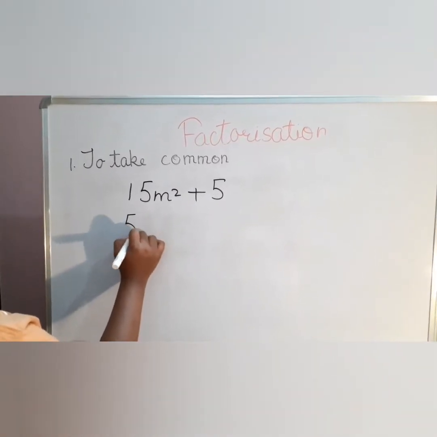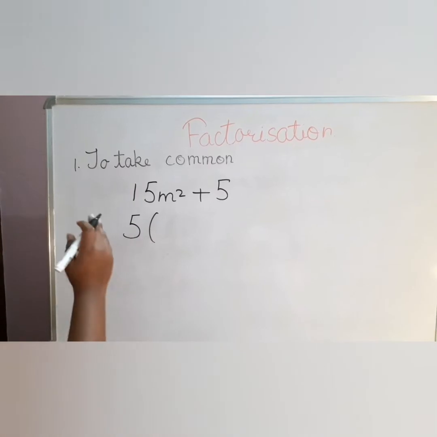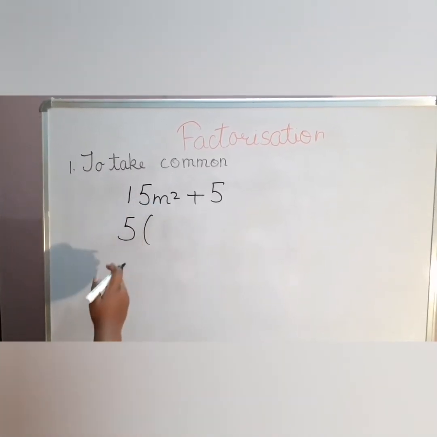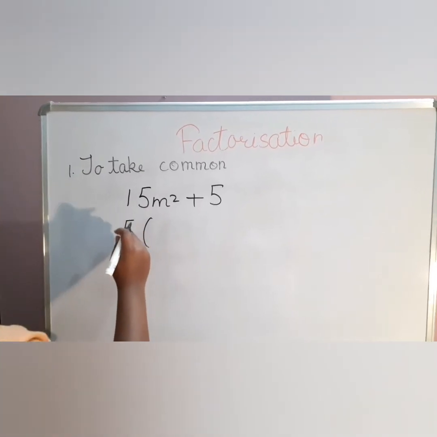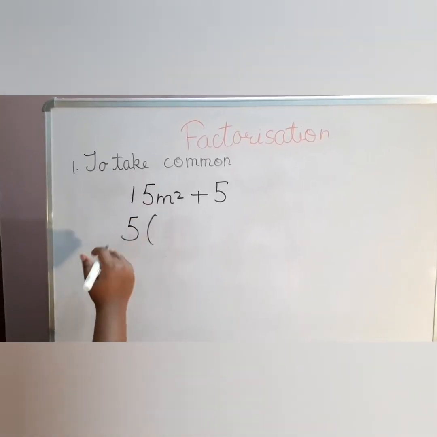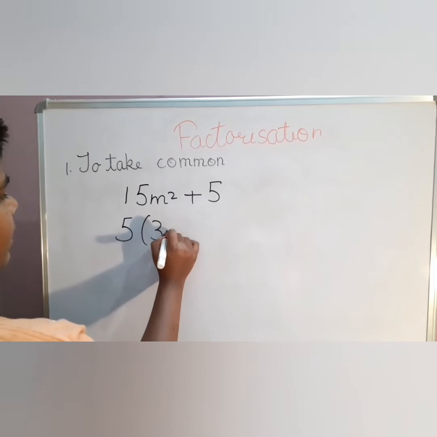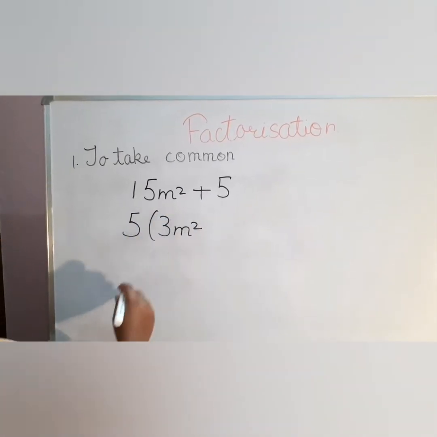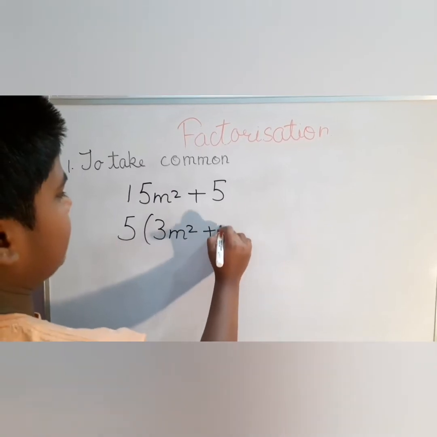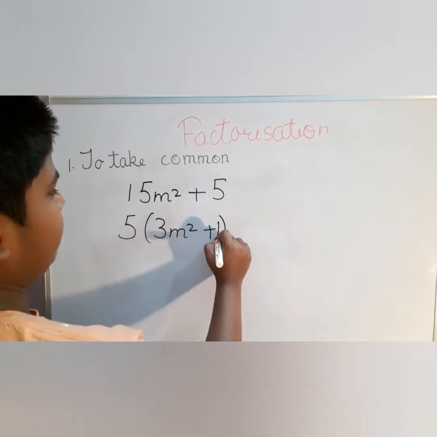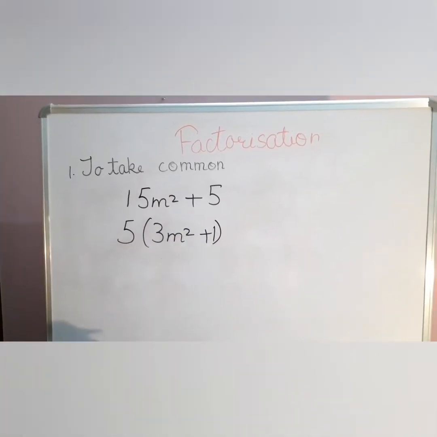So we take 5 as common, and taking common means to divide that term with the other terms. By dividing 15m square by 5, we get 3m square, and by dividing plus 5 with 5, we get plus 1. So this is our answer.